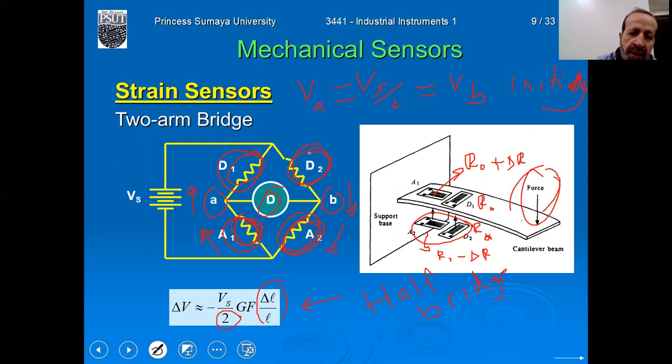In this case, for a full bridge, delta V is equal to minus Vs times gauge factor times delta L over L, without any division.